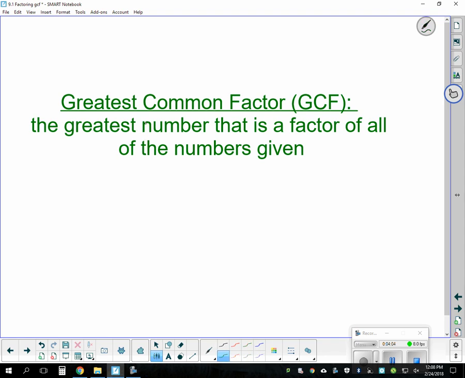It's the greatest term that is a factor of all of the terms given. Because it's not always just going to be a number. Sometimes it's going to have a variable in it, so we need to call it a term instead of just a number. Sometimes it'll be a number, sometimes it'll be a variable, sometimes it'll be both of those.